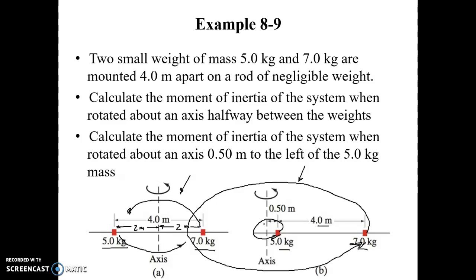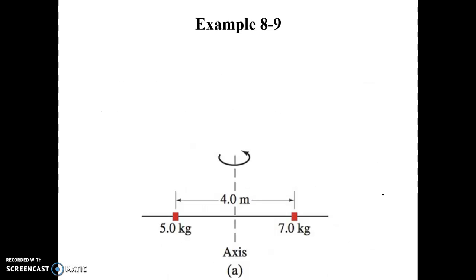So we want to calculate the moment of inertia for each of these two systems. For this system, the generic formula for moment of inertia is that I is equal to the sum of mr squared.